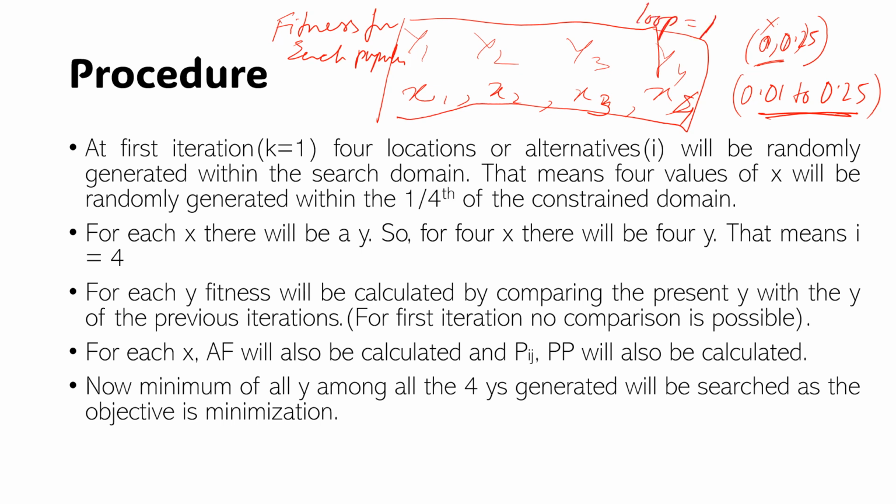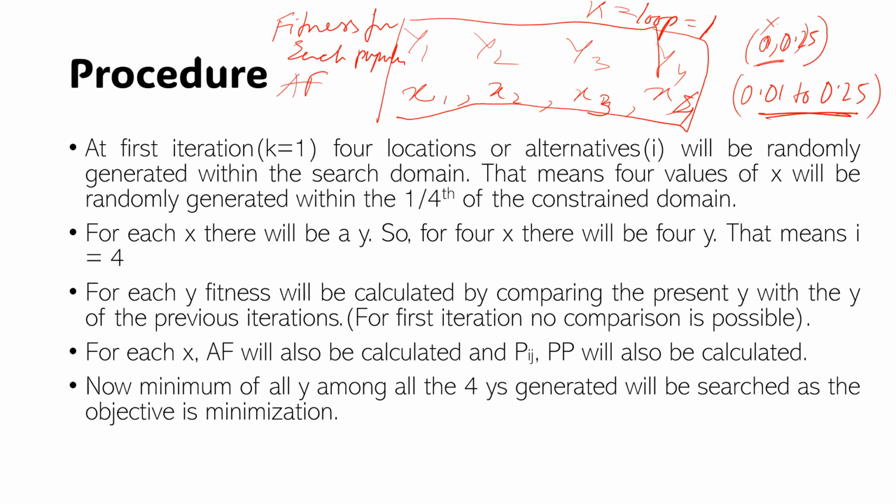Loop is equal to 1, the first iteration. So in the case of DEA, loop is K. So fitness for each population needs to be calculated, for Y1, Y2, Y3, Y4. And for each of the X, you have to calculate the AF.